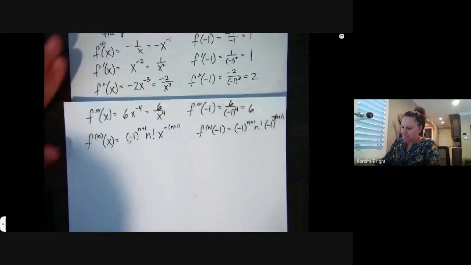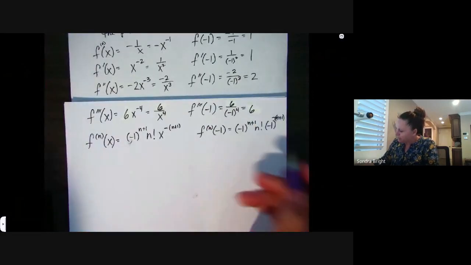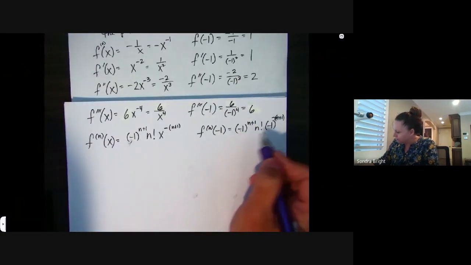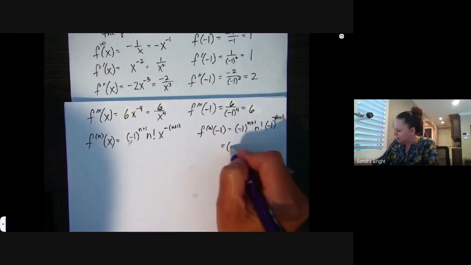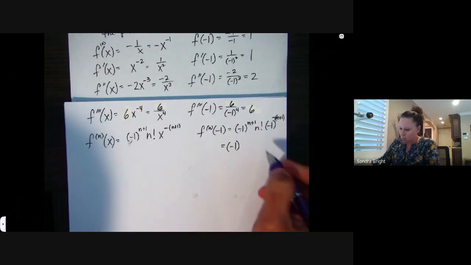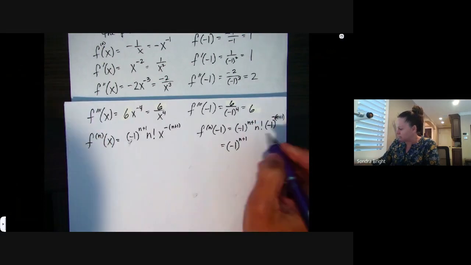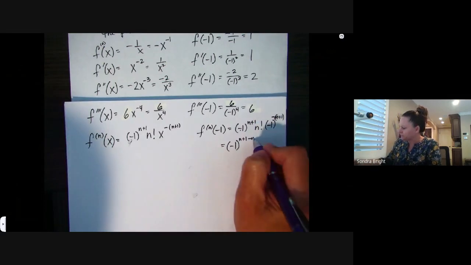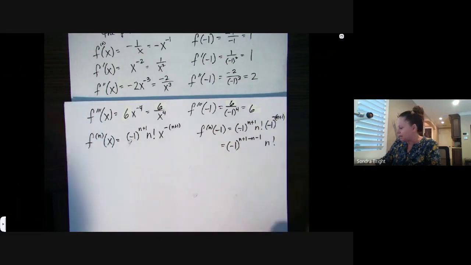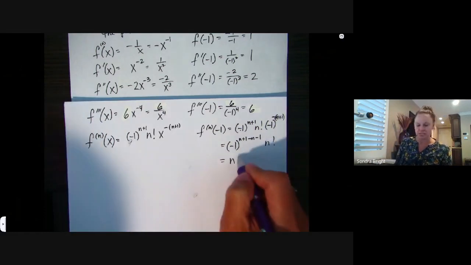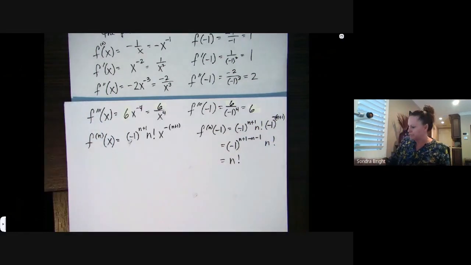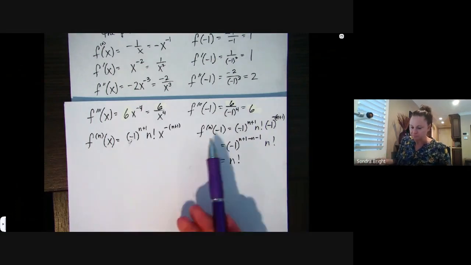All right, we can simplify this. Both of these have a base of negative 1, so it's a negative 1 to the n plus 1 minus n minus 1, and then times an n factorial. And so you end up just with n factorial for each of these nth derivatives evaluated at negative 1.